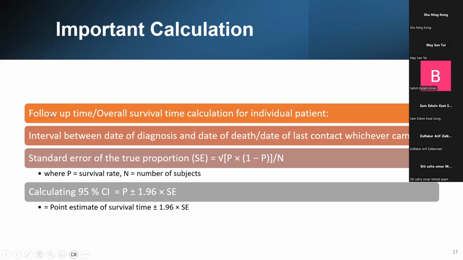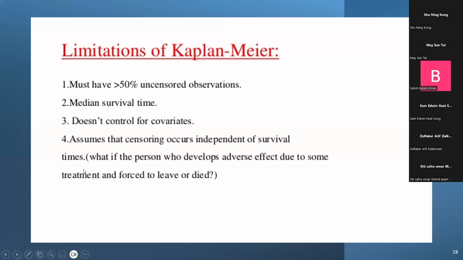First, the follow-up time and date calculation, because we need the interval between the date of diagnosis or date of start of treatment to the date of last outcome, whether they die or survive. You also need the proportion, how many survive, the number of subjects, and calculate through here. All this will be done by our SPSS.